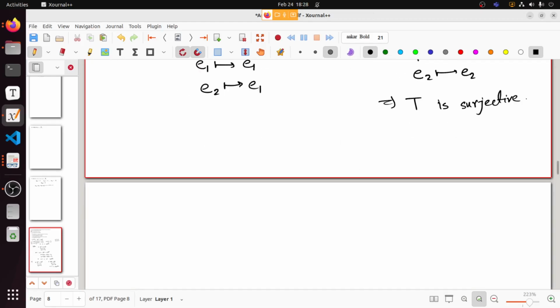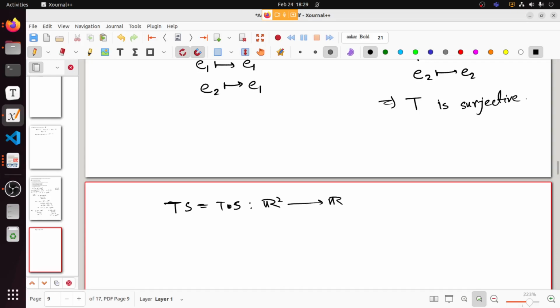T compose S maps from R2 to R2, because both are maps from R2 to R2. So what will be T compose S of E1? T of, what is S of E1?